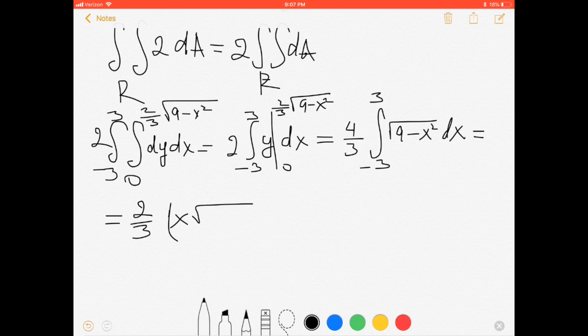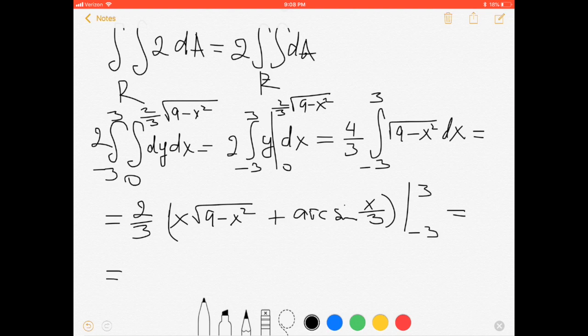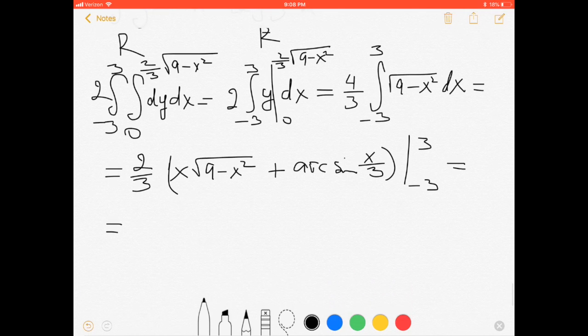X times square root of 9 minus x squared plus arcsine of x over 3, changing from negative 3 to 3.